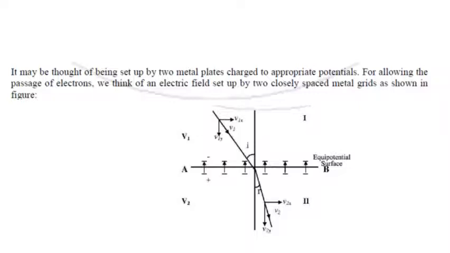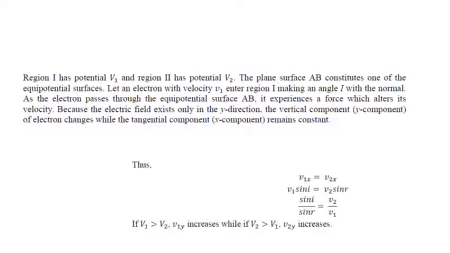After emission, when it has moved into the second region, I am denoting that angle as r. Region 1 has potential V1 and region 2 has potential V2 as we discussed, and these are equipotential surfaces.